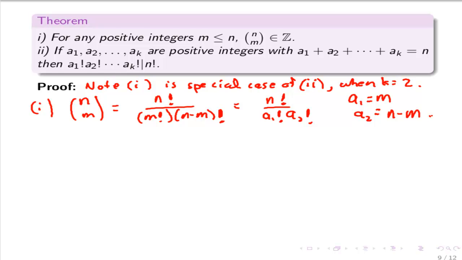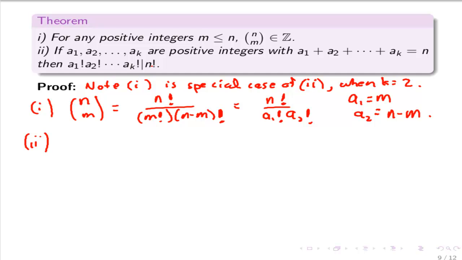Okay, so let's turn to the proof of 2. How do I show that the product of these factorials is a divisor of n factorial? Well, here's the trick.